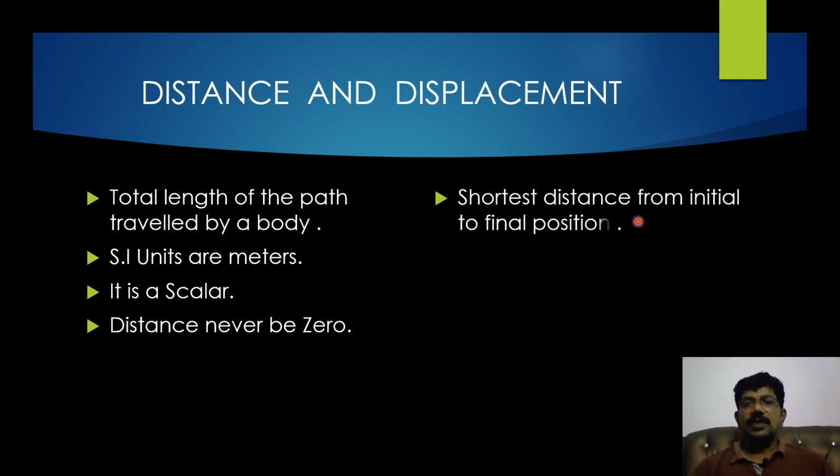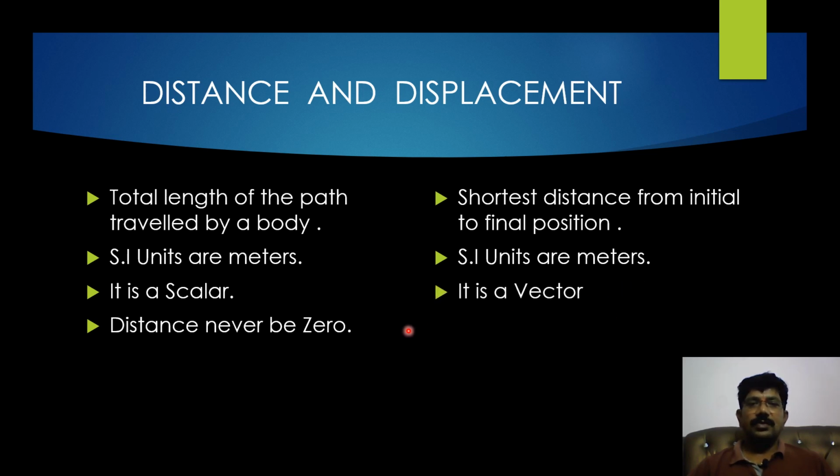The shortest distance from initial to final position is displacement. The SI unit is meters. It is a vector quantity. Displacement may be zero.